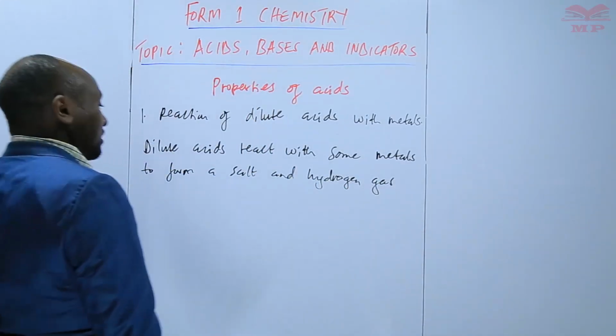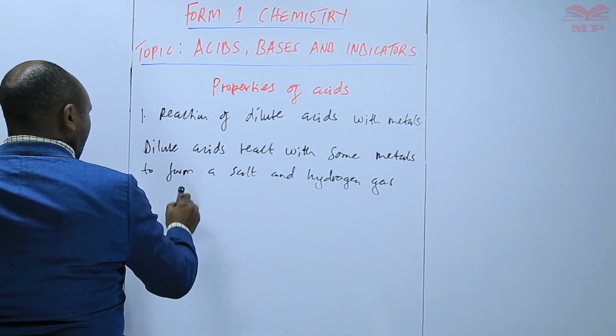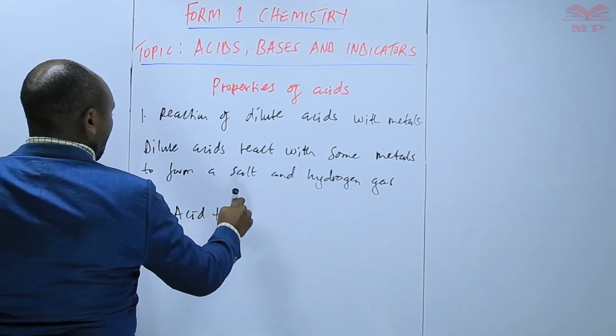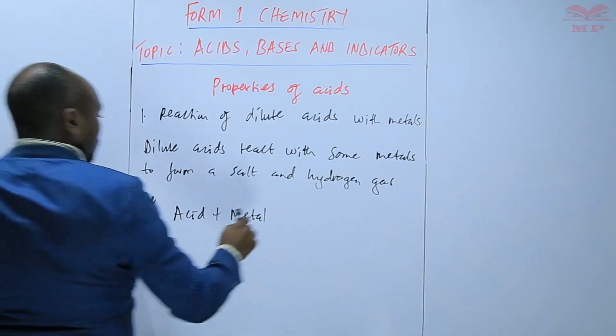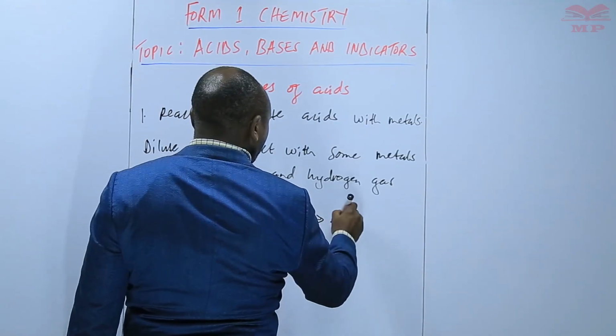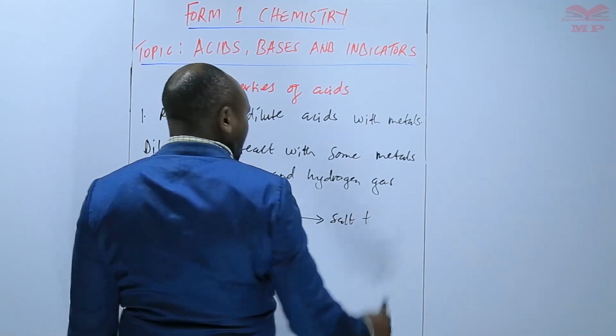So we are saying that if you have an acid plus a metal, we'll have a salt plus hydrogen gas.